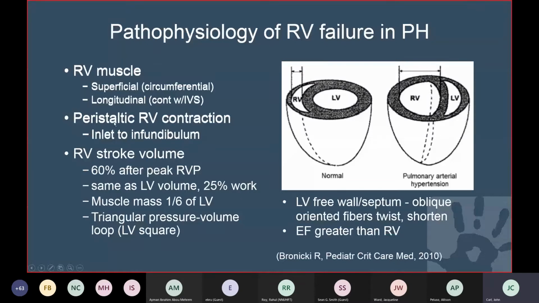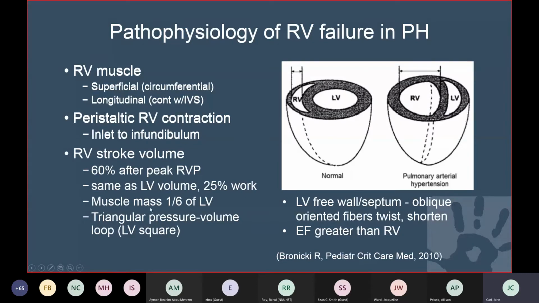The reason is in part the orientation of the right ventricular muscle, with the superficial muscle fibers being circumferential and more longitudinal in those contiguous with the interventricular septum. And the peristaltic right ventricular contraction goes in almost a ringing motion from inlet to infundibulum.